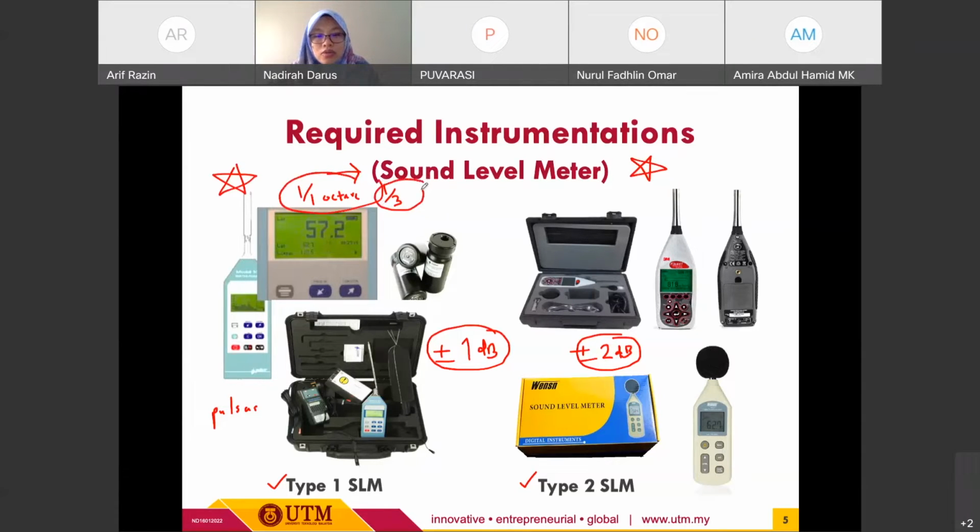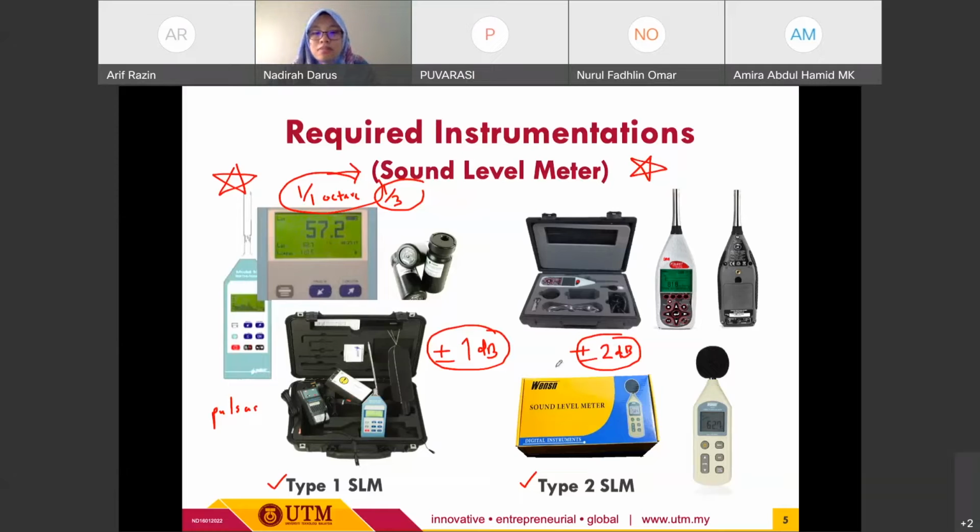Okay, so dia punya ability ataupun capability of this type 1 differ from type 2. Sebab dekat type 2 selalunya dia only able to measure ataupun to store data on sound level only. So dia tak ada frequency punya measurement, dia tak ada frequency punya values to be recorded in the data logger or instrument itself.